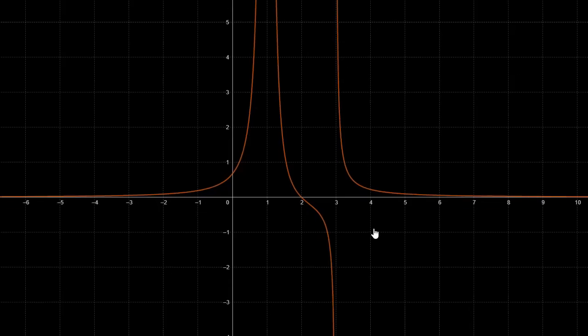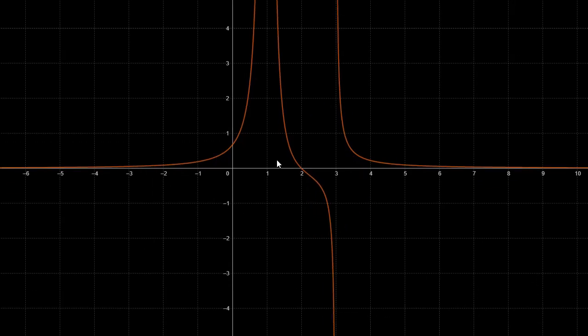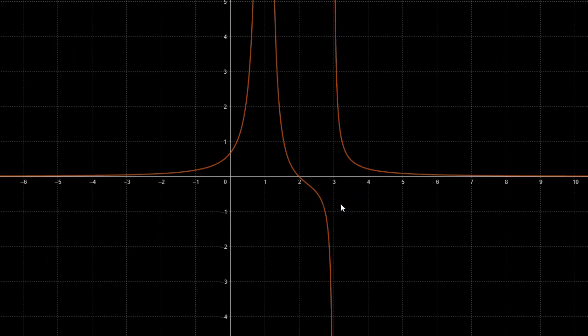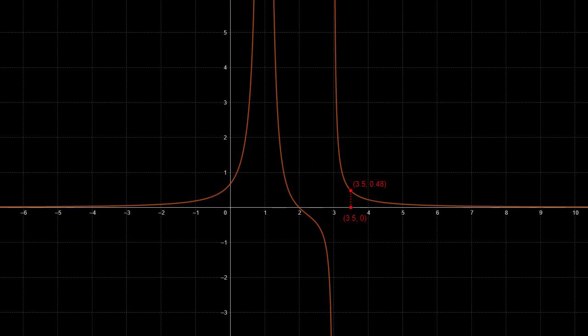All right, now if I look instead at 3, it should be pretty clear that this is definitely a does not exist limit, because from the right it's going up to positive infinity, but from the left it's shooting down to negative infinity. So to see it with the visualizer here, as x gets closer and closer to 3, the y's just jump right off the graph in the positive direction.